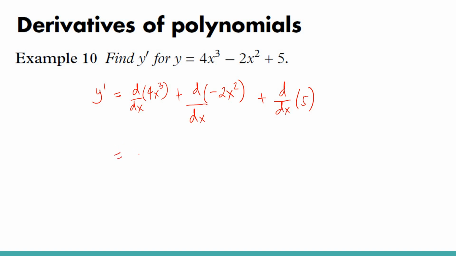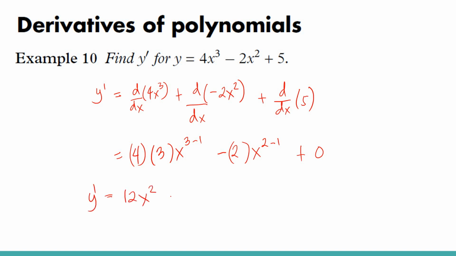So this will become 4 times 3x raised to the power of 3 minus 1, minus 2x raised to the power of 2 minus 1, plus 0. So y prime equals 12x squared minus 2x.